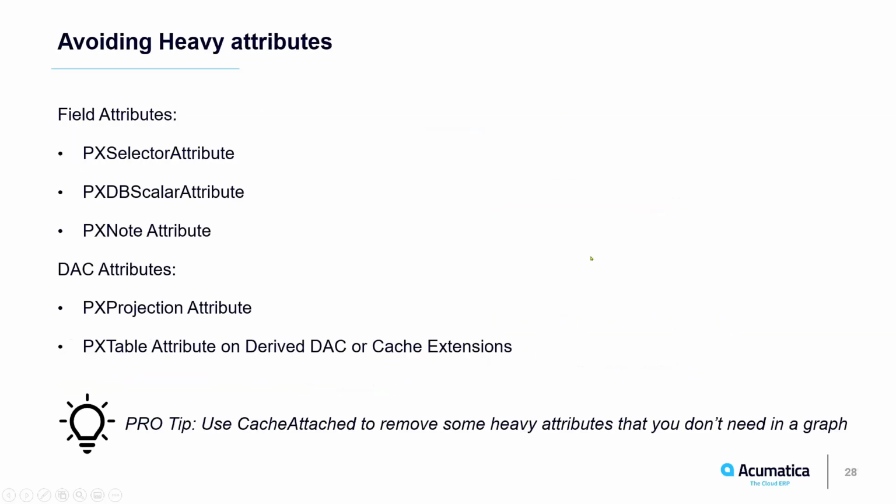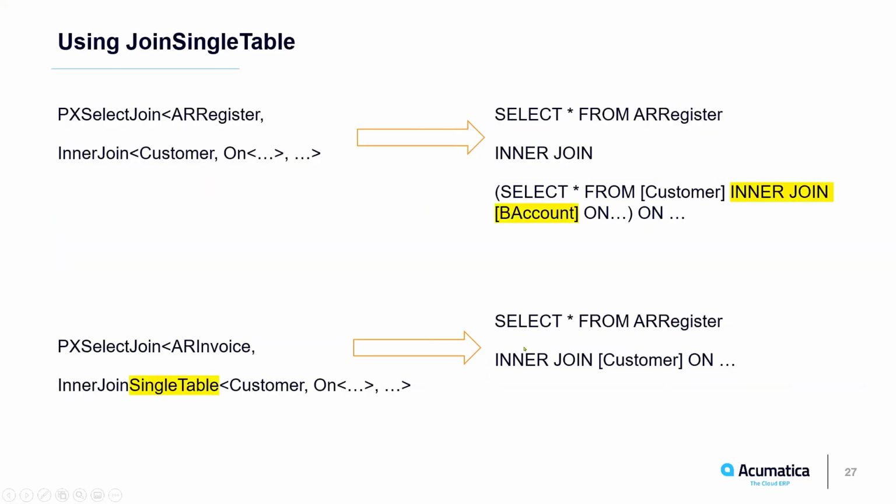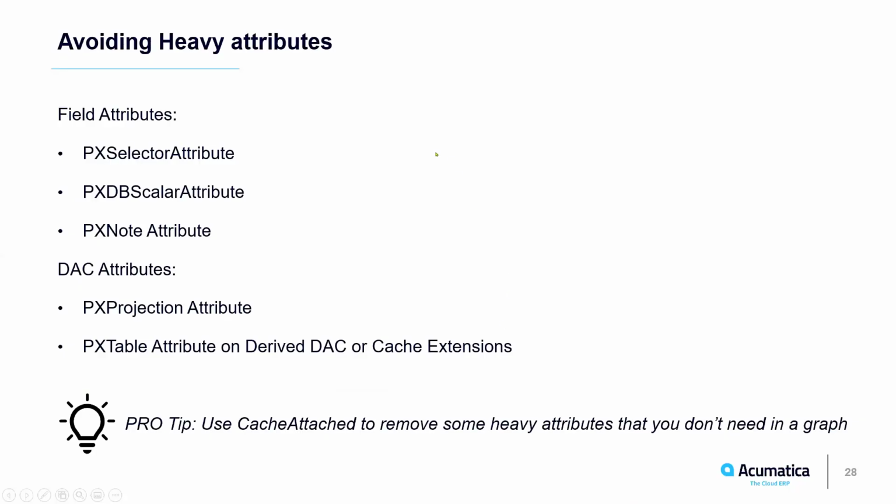So another thing that we saw in the query is that fin charge date, right? That generates a subselect. So let's see what attributes we should be careful with and what attributes can add additional complexity to our SQL queries. So those are the field attributes, and there are more, but those are the most popular ones.